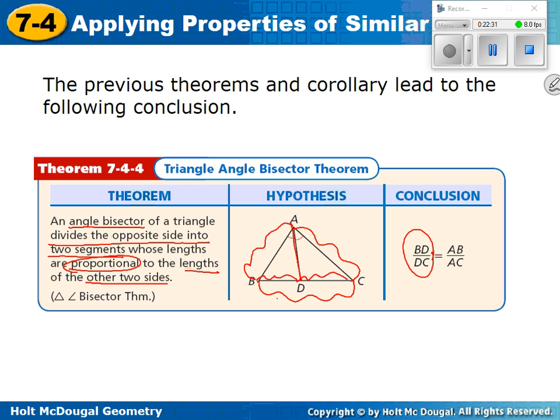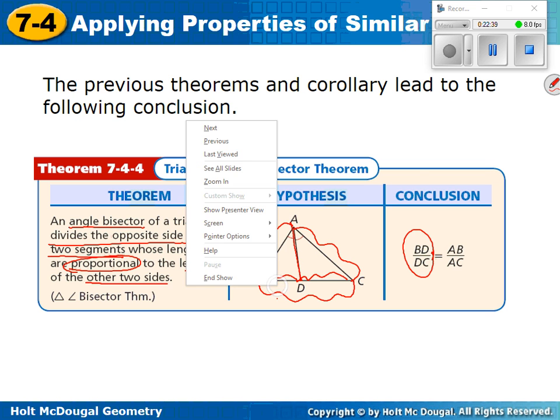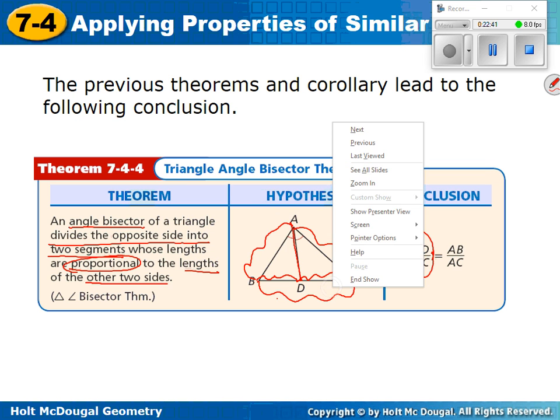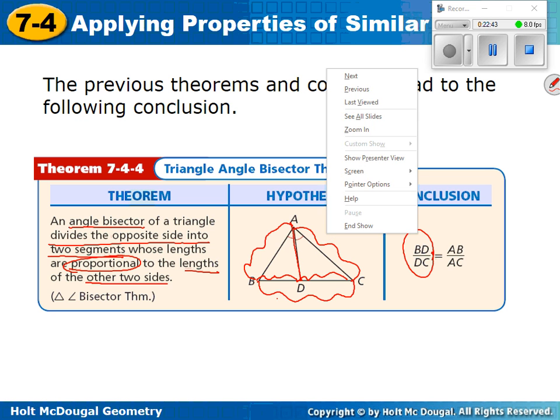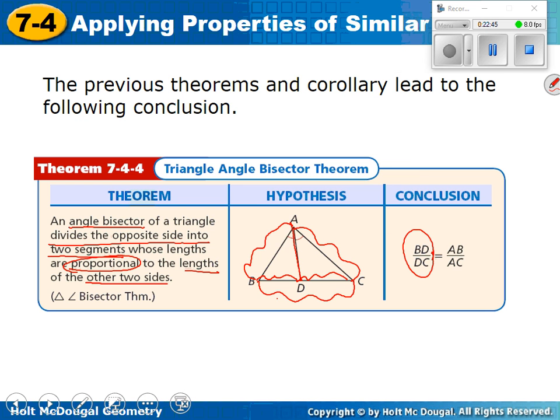Now this is one that I have a lot of students make a mistake on. You have to start at the same location in your fractions. So if you start here and go over here, you can't jump up to this side in your proportion. Be very careful. So I'm going to draw it over here one more time. This is saying if you have a triangle and an angle is bisected, when that angle bisector comes over to this side of the triangle, it splits it into 2 pieces.